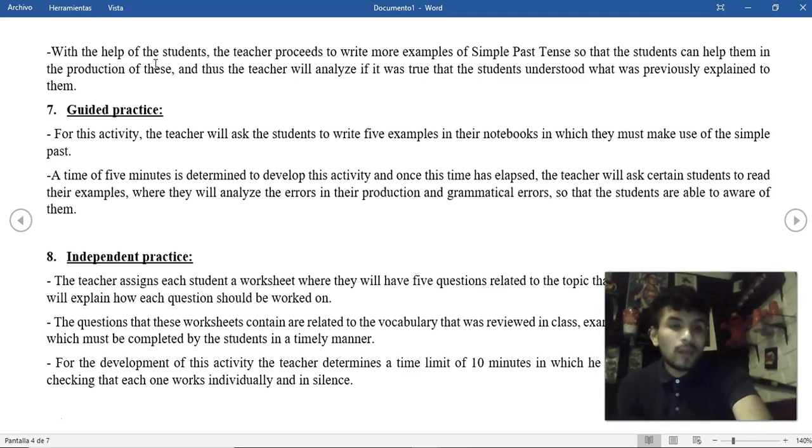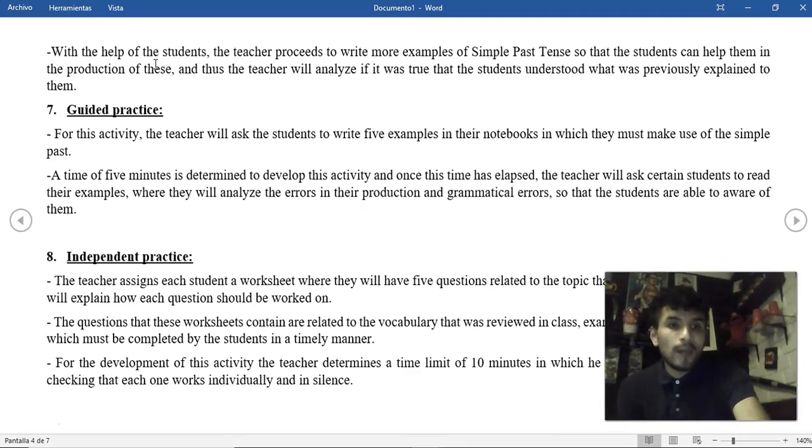Now the practice. For this activity, the teacher will ask the students to write 5 examples in their notebooks. They are going to work with their notebooks, giving me examples in which they must use the simple past.